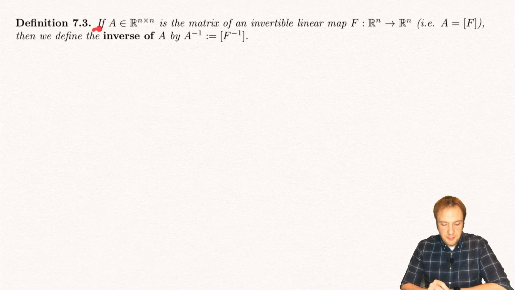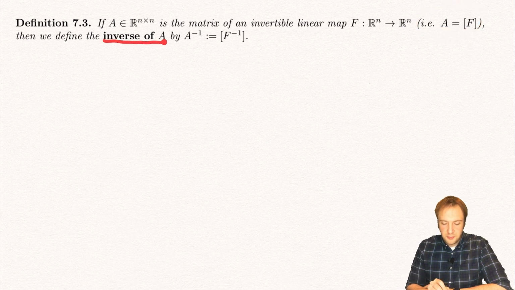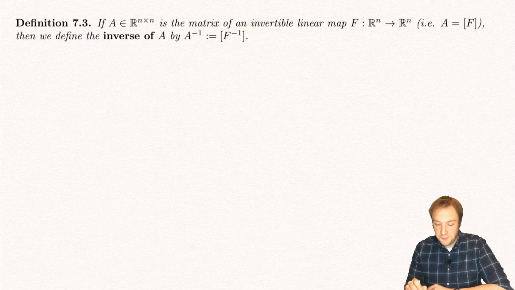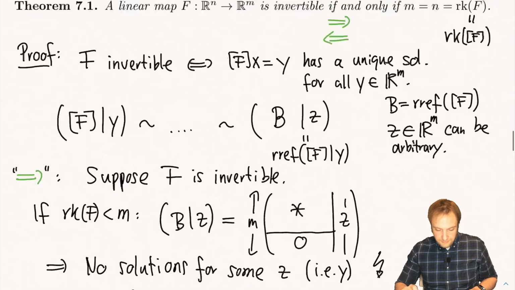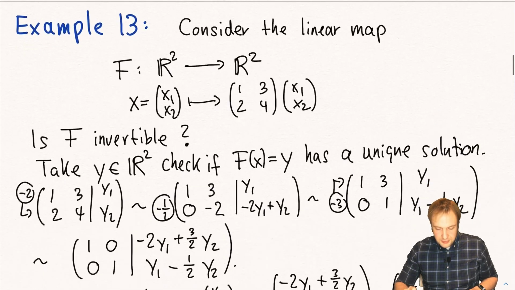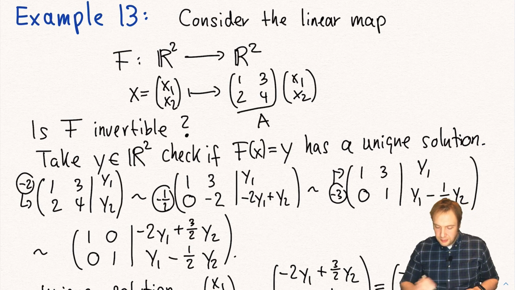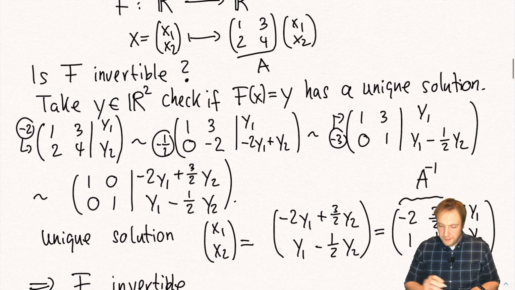If I have a matrix A, which is the matrix of some invertible linear map F, in other words A equals the matrix of F, then we define the inverse of this A, which we denote by A inverse, to be the matrix of the inverse of the map F. So in our example at the beginning, if this is a matrix A, then this here is A inverse.